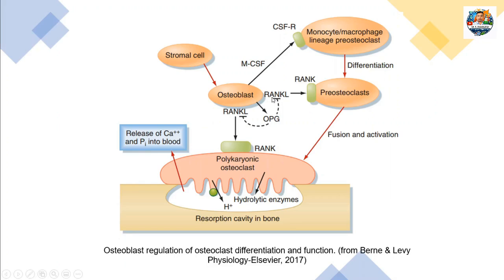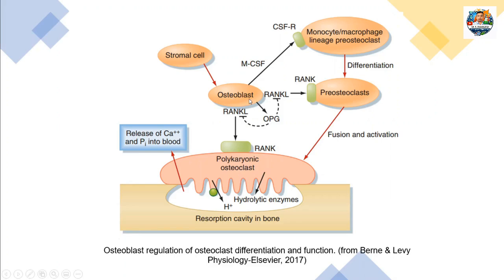Now, RANKL, which is produced by osteoblast, will bind to the receptor present on the pre-osteoclast, and this binding will lead to activation, mainly the fusion of many cells to form a polykaryonic osteoclast, meaning an osteoclast having many nuclei. So in this way, the activity of osteoclast is controlled by osteoblast.